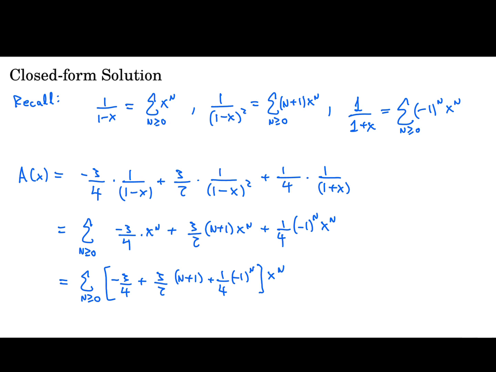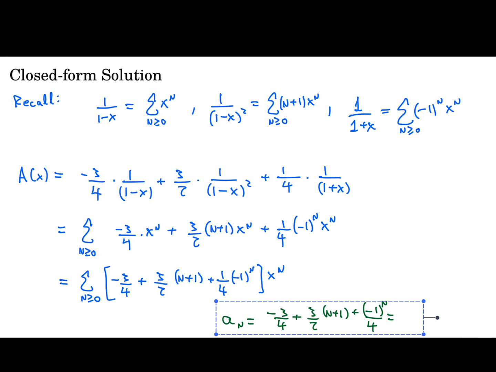And we are interested in the coefficient of the power n, so our a_n, the answer to our question, is minus 3 quarters plus 3 over 2 times n plus 1, plus minus 1 to the n over 4.